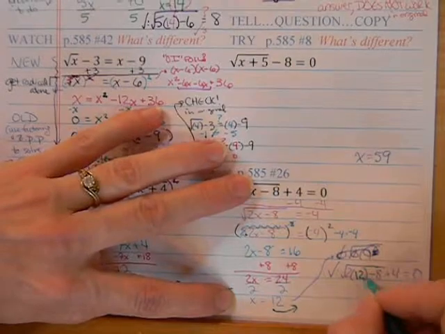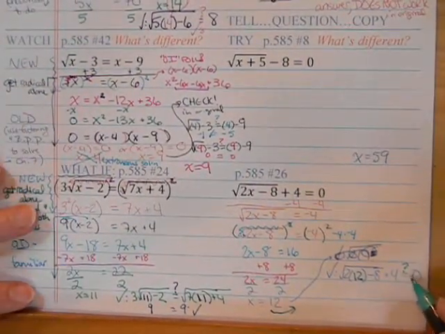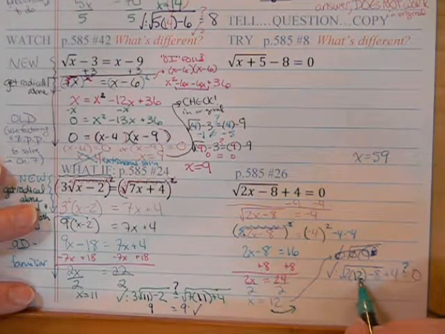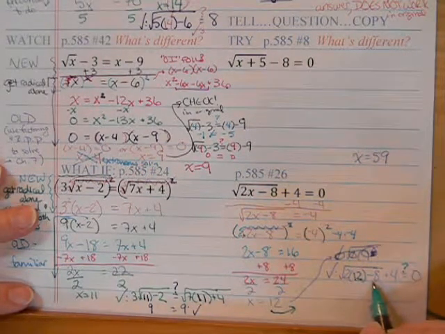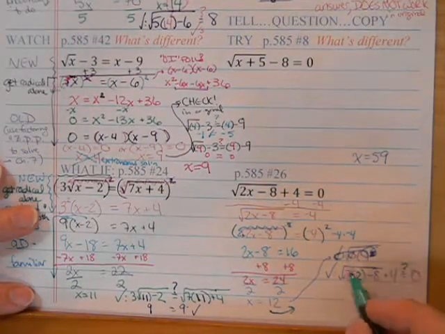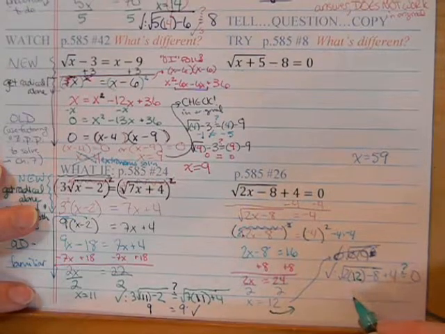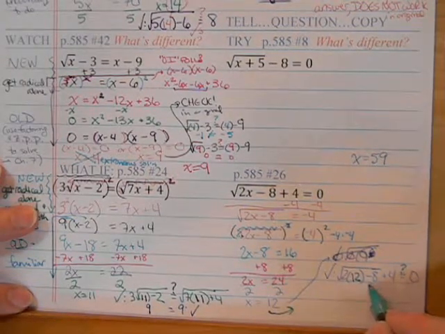So we'll put 12 everywhere we saw x, and we're just checking, so I use the question mark as a reminder. 2 times 12 is 24, minus 8 is 2 times, wait, did I copy that right? Yes, minus 8. So 2 times 12 is 24, minus 8 is 16.